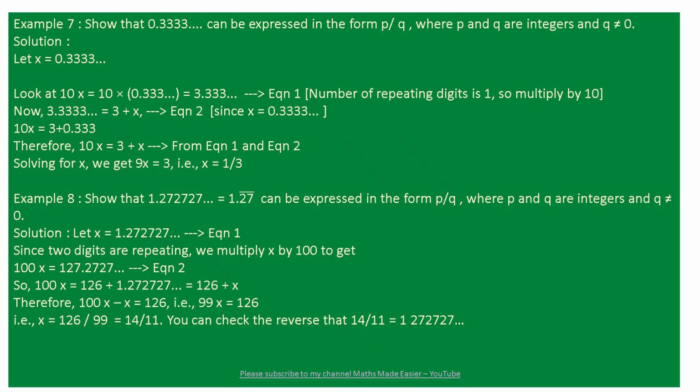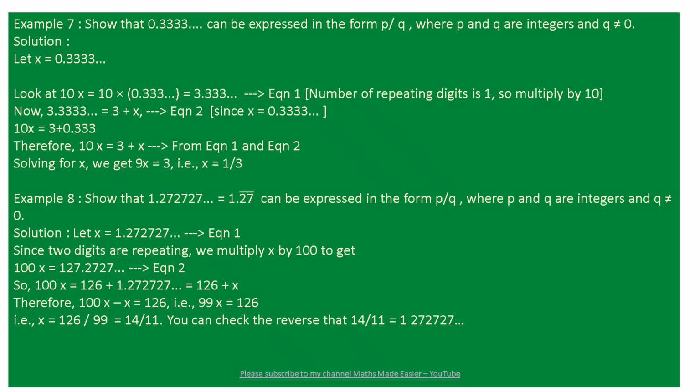From equation 1 and equation 2, we can derive 10x equal to 3 plus x. Hence, we have derived 3.3333. Solving for x, we get 9x is equal to 3, which implies x is equal to 1 by 3.